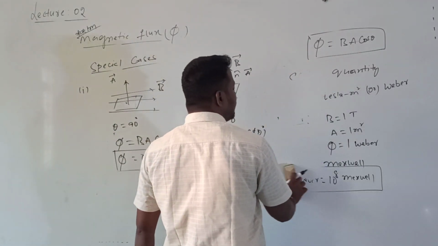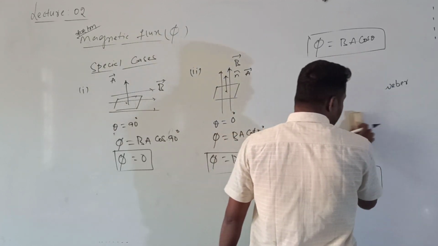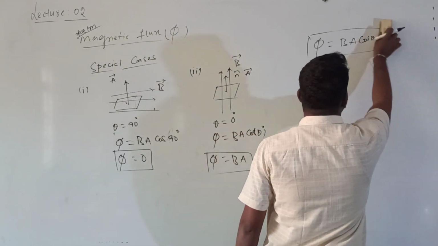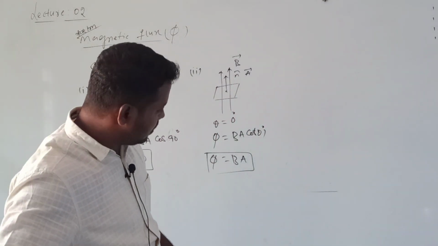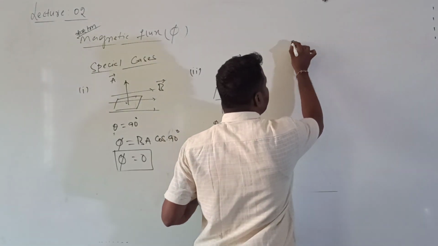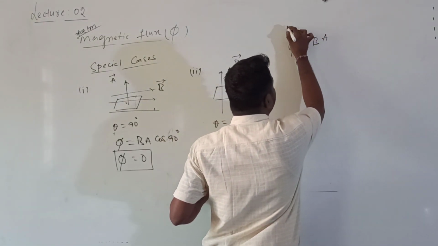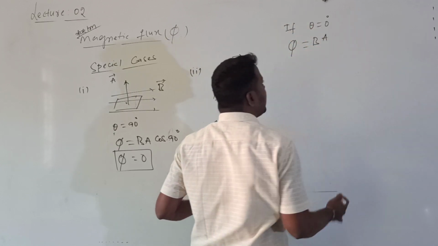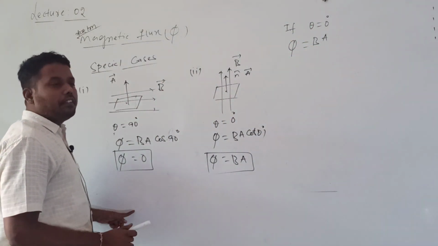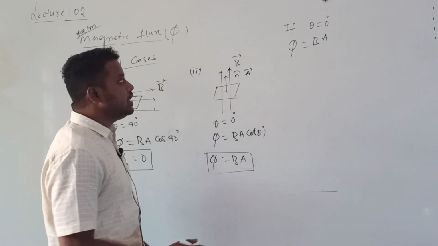So that is when magnetic flux value is maximum. Whenever the magnetic field is perpendicular to the given surface, we can define magnetic field induction.